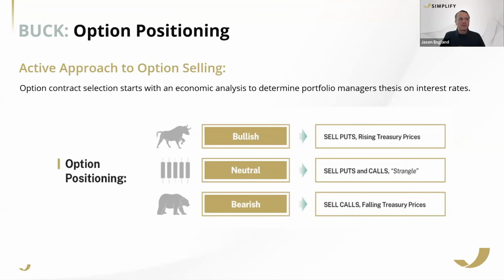Okay. Yeah, that makes sense. And I think this slide right here I really like, it kind of explains a little bit about the option positioning and how you get your thesis on rates. It's not necessarily making rate calls as much as it is just having a view on them, so you know what ranges you're in and where your bias is to position the option strategy. And as we've mentioned, they're short dated.